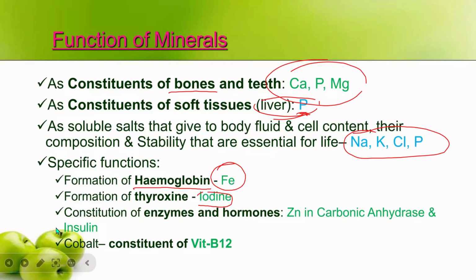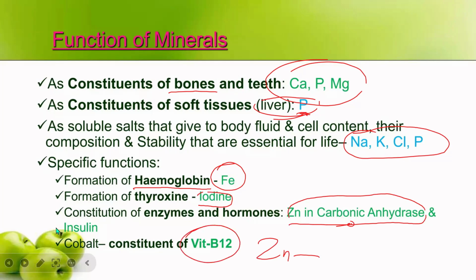Zinc is found in the enzyme carbonic anhydrase, and insulin also contains zinc. So zinc is present both in carbonic anhydrase and insulin. And we have cobalt, which is present in vitamin B12.